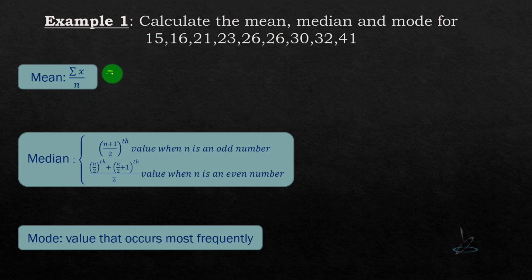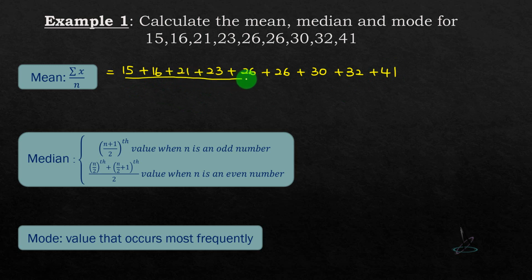What we need to do is add everything. So 15 plus 16 plus 21 plus 23 plus 26 plus 26 plus 30 plus 32 plus 41, divided by the number of data.